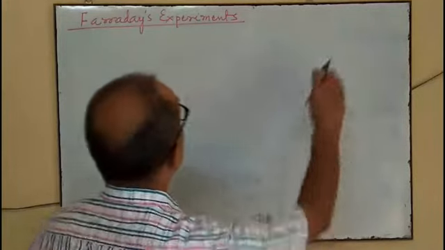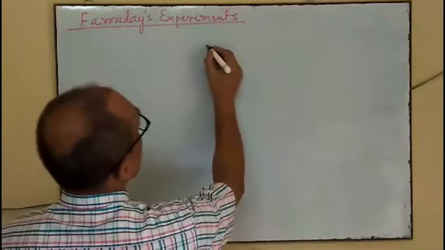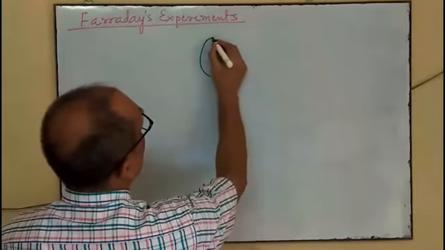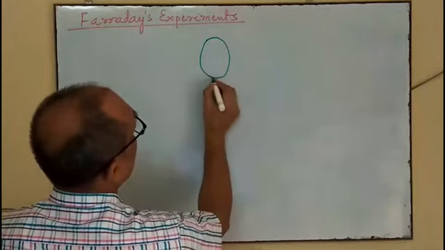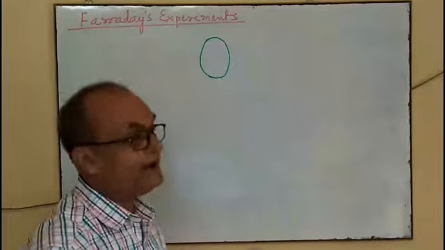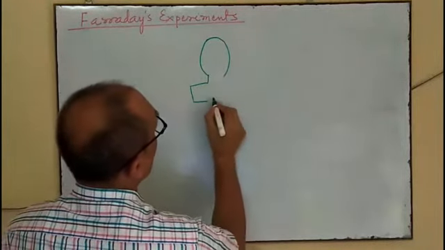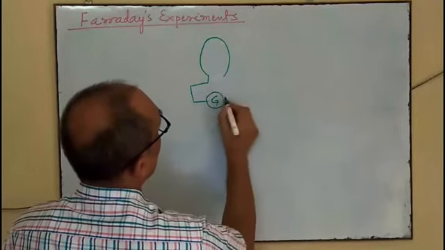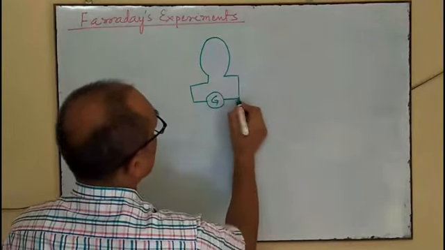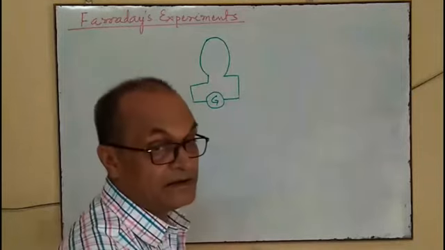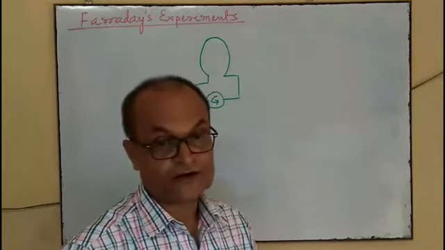Suppose this is a loop coil, and this coil is connected to a galvanometer. You know about the galvanometer from the previous classes, that it can detect the current in this circuit.